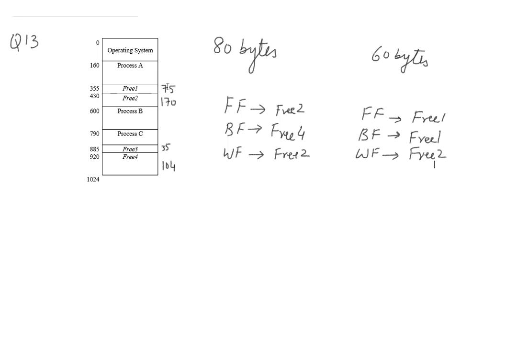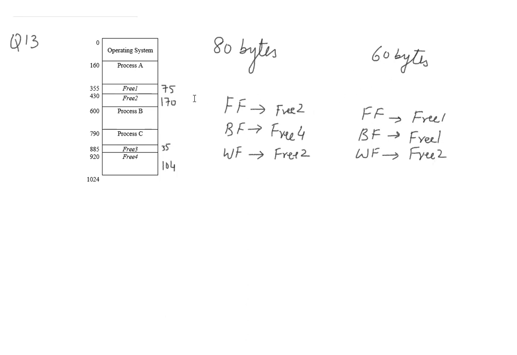Why? Because free 1 cannot be given, it's smaller. Then the next one available is 170. Best fit will choose 104, because this is the smallest possible memory which can accommodate 80 bytes, and worst fit will choose the biggest one, which is free 2. Similarly, the next question is about 60 bytes.